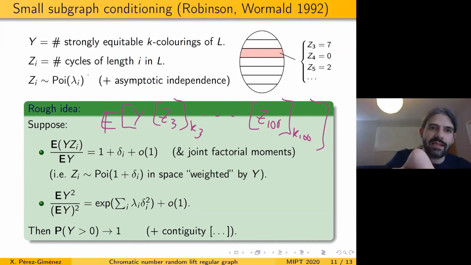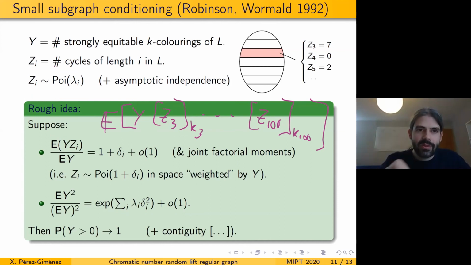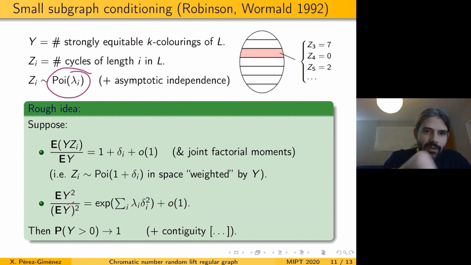In the unweighted probability space, the cycle counts are Poisson. But if you weight your probability space by Y, which is the number of colorings, the number of triangles, let's say, or the number of cycles of length 100, is still Poisson, but with a different parameter. So you compute what these parameters are.